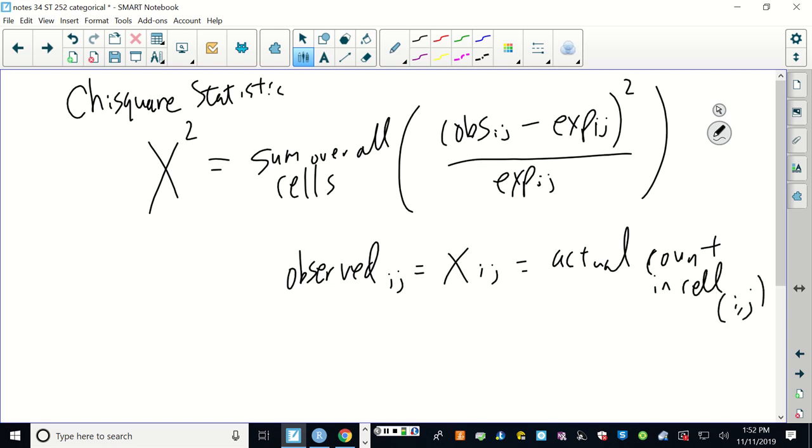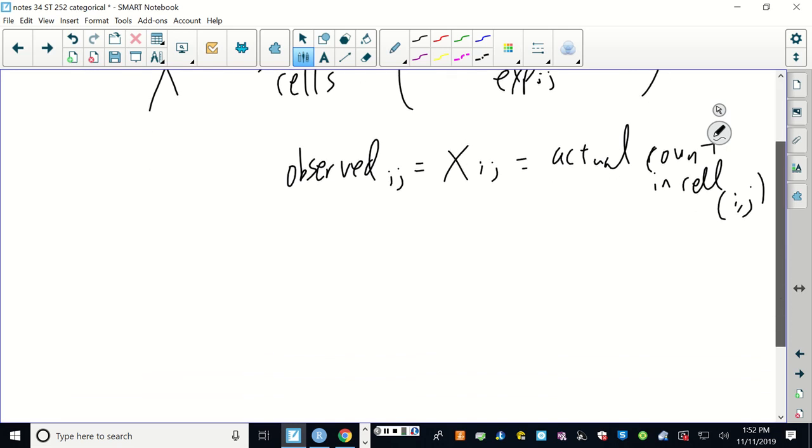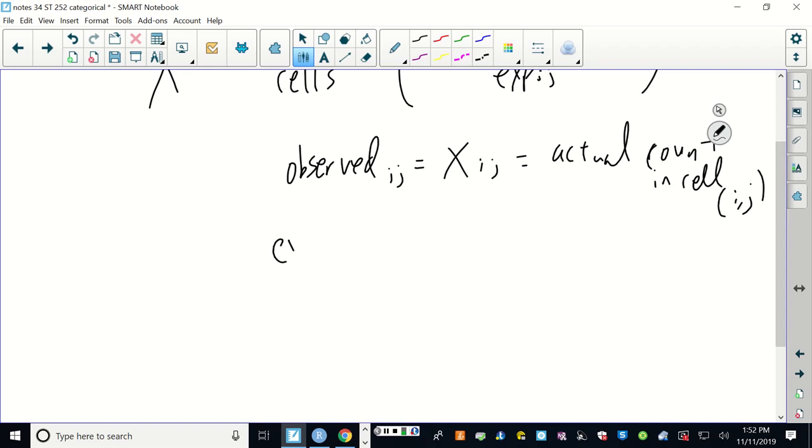And the expected is expected under the null hypothesis, expected under the model. And the expected count, abbreviated up there like that, is going to be the number in the sample times the estimated probability under independence.